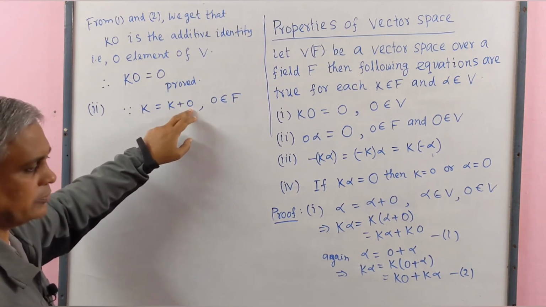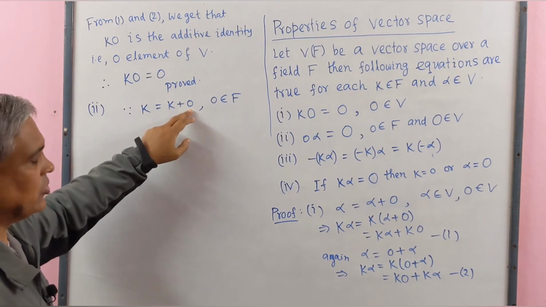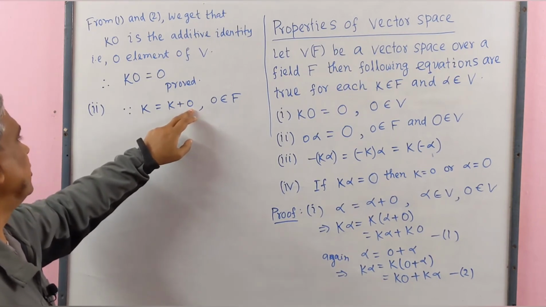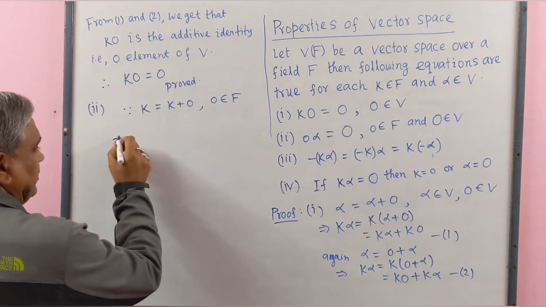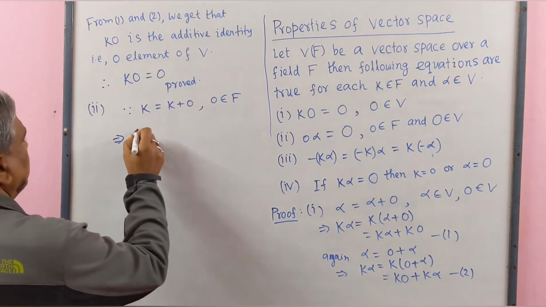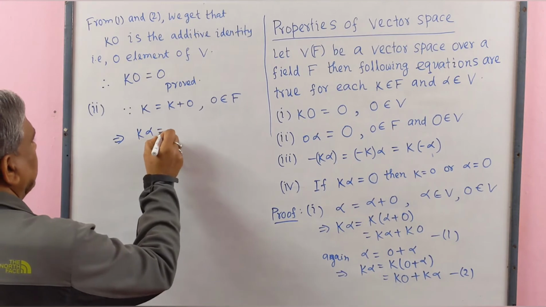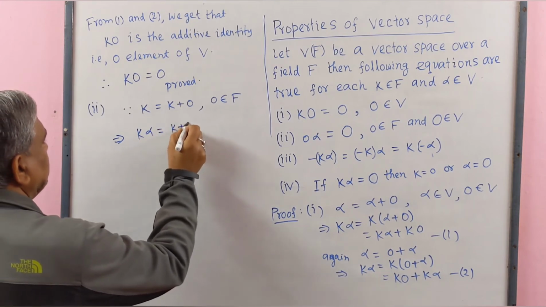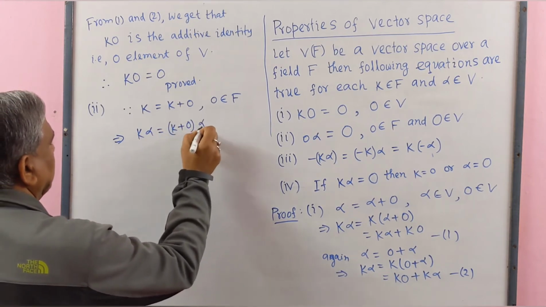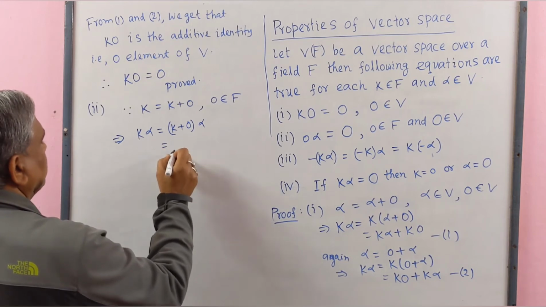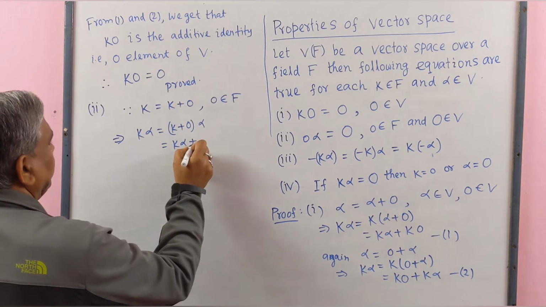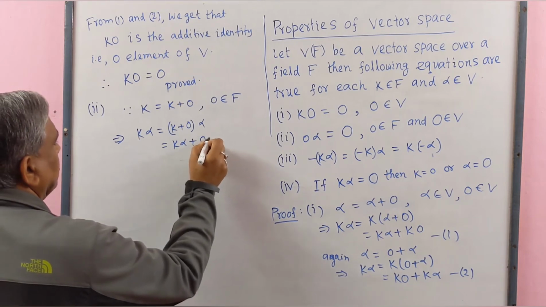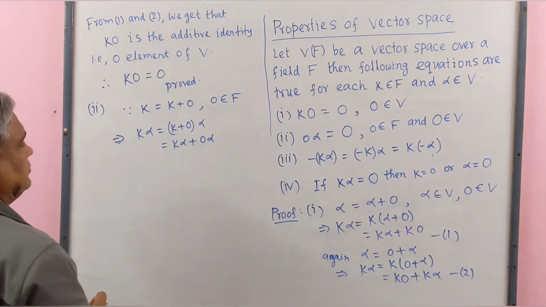In the case of real numbers, this is the real number 0. It implies that k alpha equals (k plus 0) alpha, which equals k alpha plus 0 alpha.